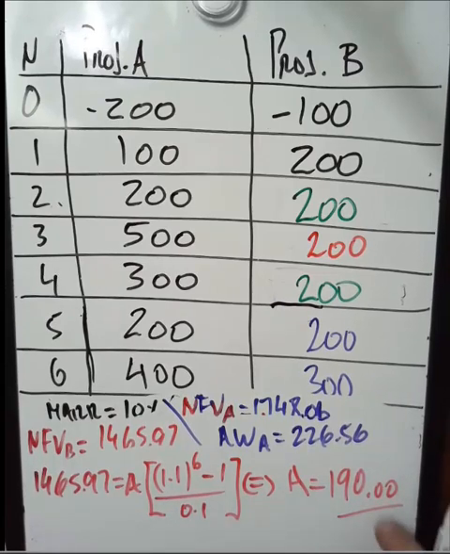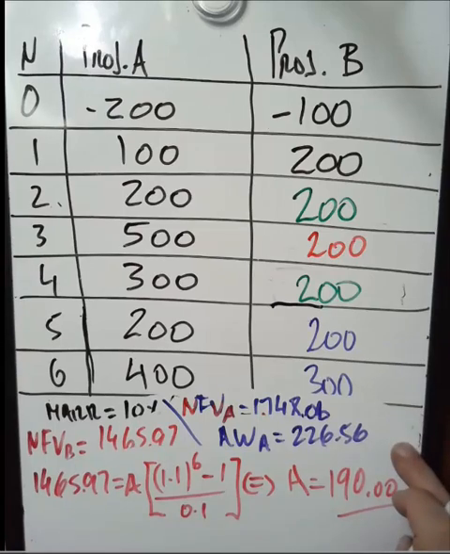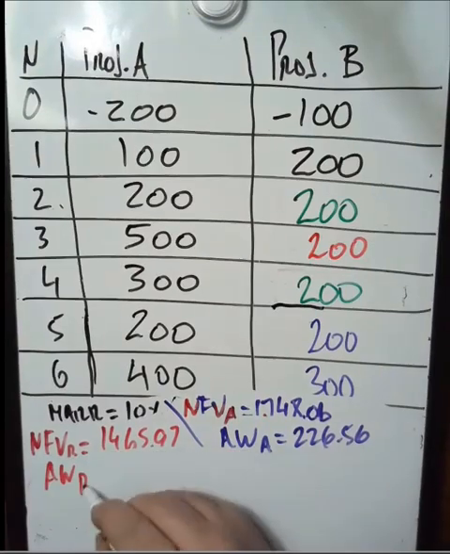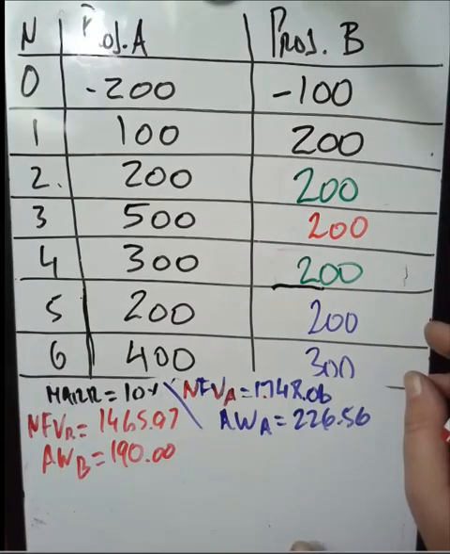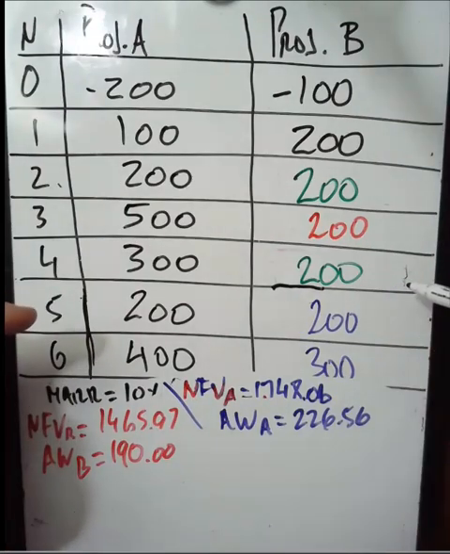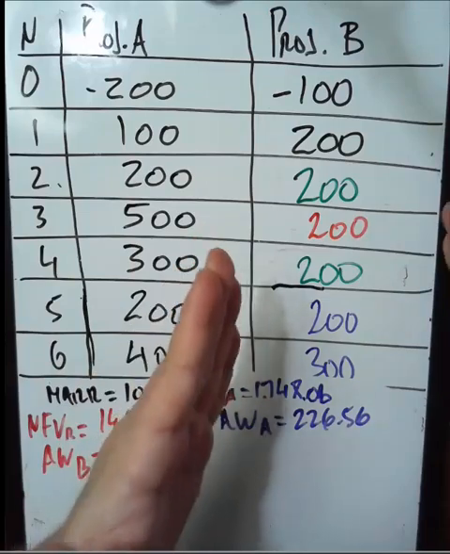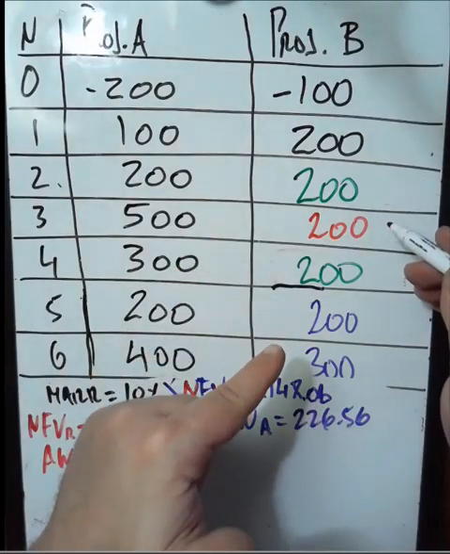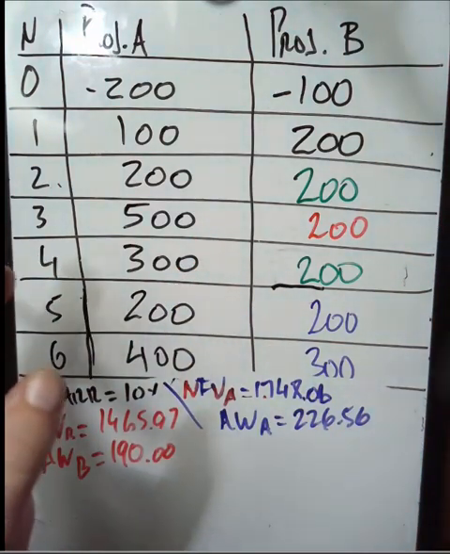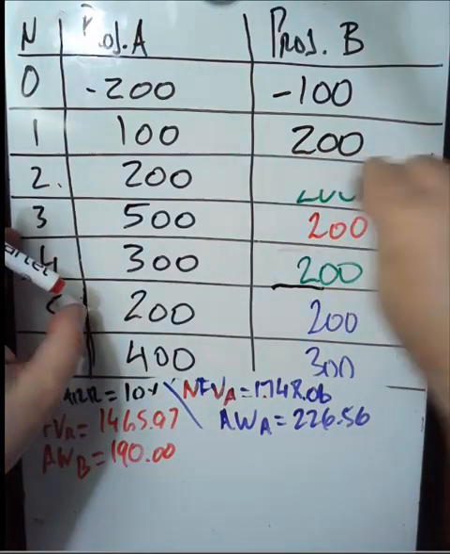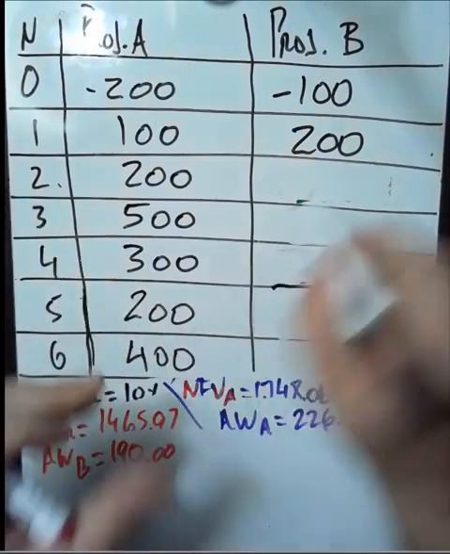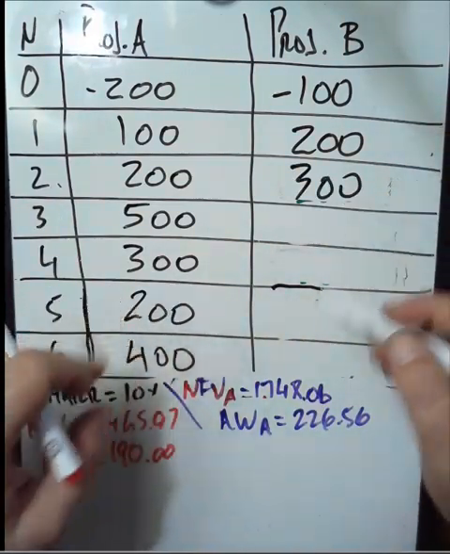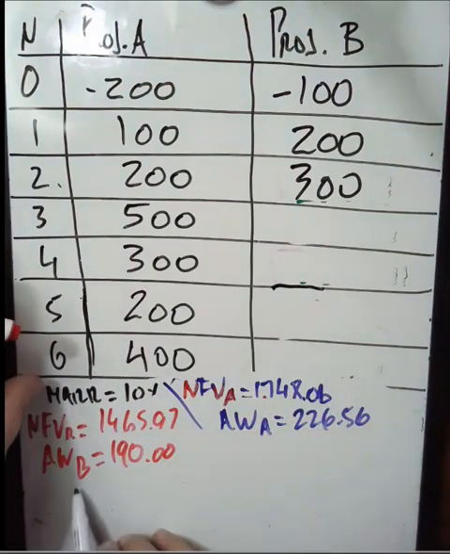So again, showing us that the best project is project A. So the annual worth for project B is 190. For project B, now note that if you were to compute the annual worth for the original cash flow series, and remember the original cash flow series was this, the project, you will also get an annual worth equal to 190.